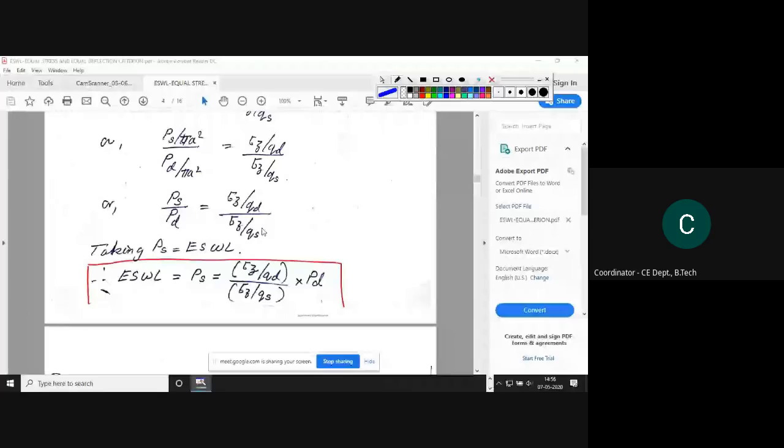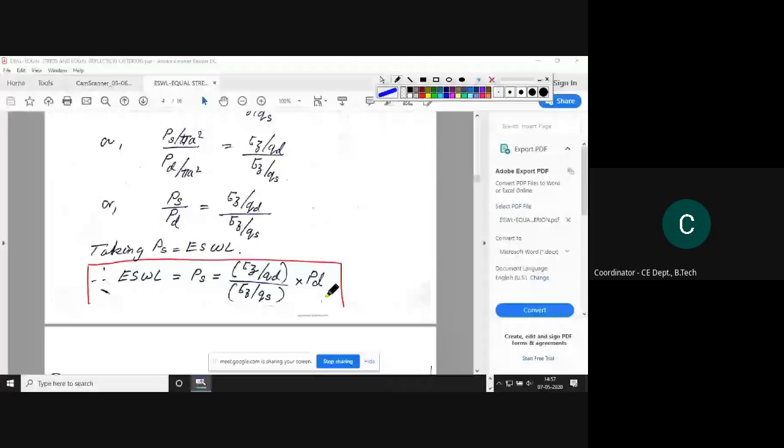That is stress factor for dual wheel combination and stress factor for single wheel load. Clear? So ESWL is your stress factor for dual over stress factor for single, into pd. So this is your formula for ESWL using equal stress criteria.